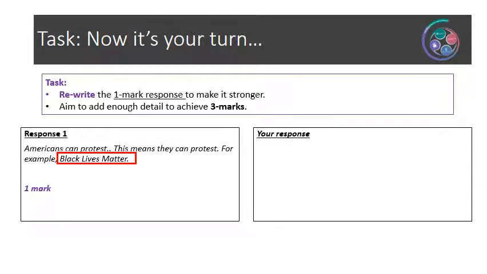Consider when, where, and who was involved and why. If you have studied another world power, such as China, can you add detail to an example of a protest from there? You should aim to add enough detail to achieve 3 marks in your response. You may wish to pause this video again at this point and have a go at expanding on your example.